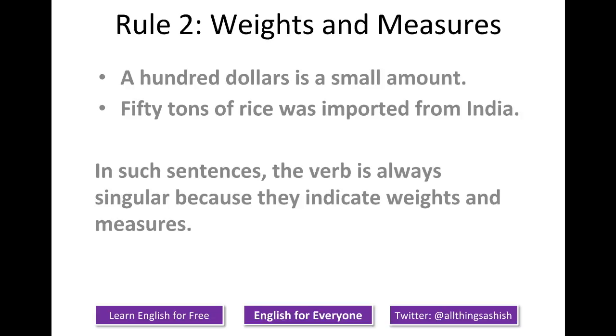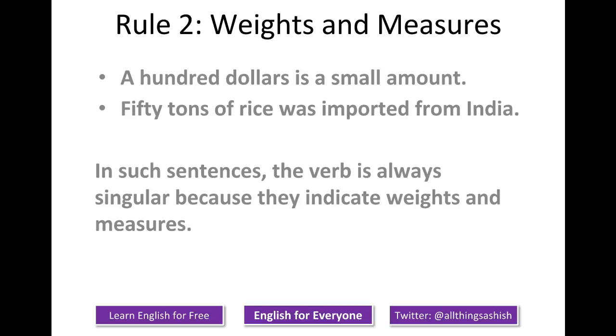And I will go a step further and say that it's not just with weights and measures that we use a singular verb. We also use the singular verb when we refer to time and distance, for example. If I say 2 hours are a long time, I would be making a grammatical mistake.